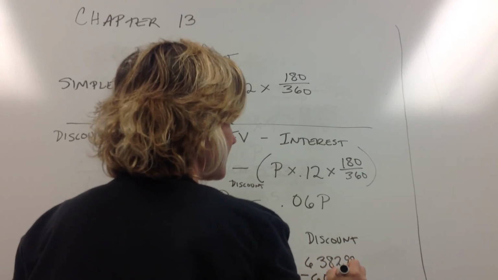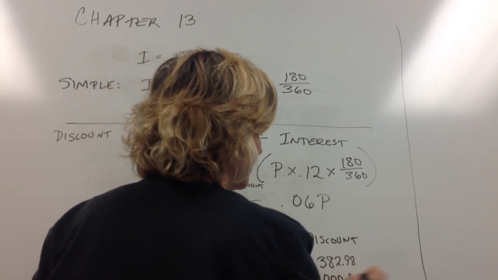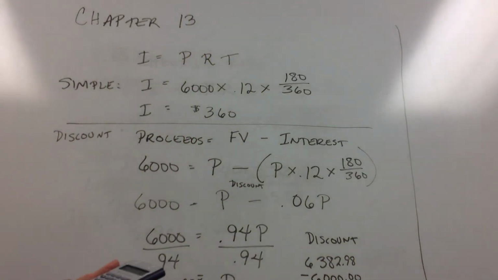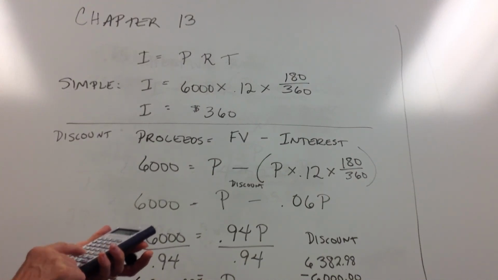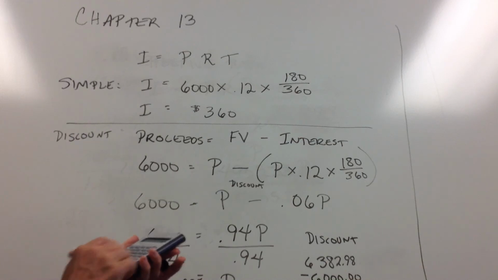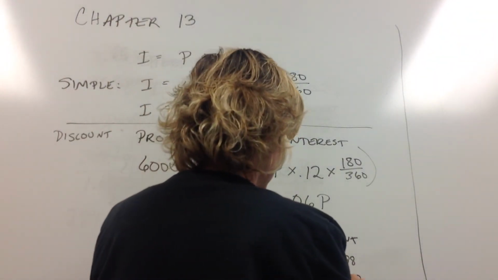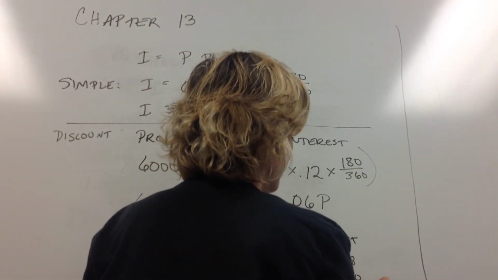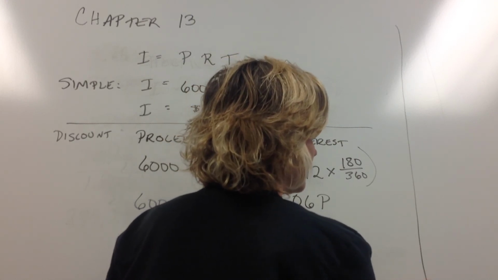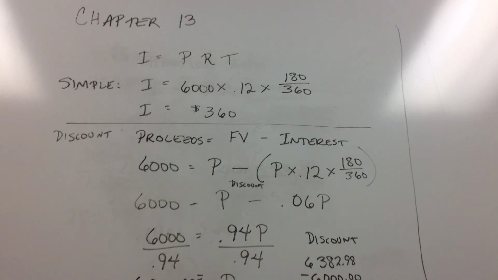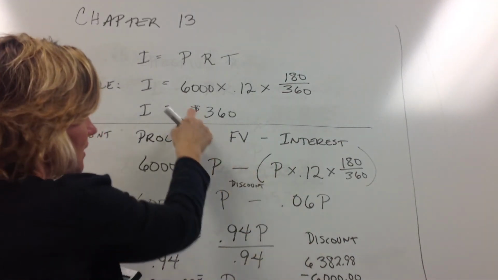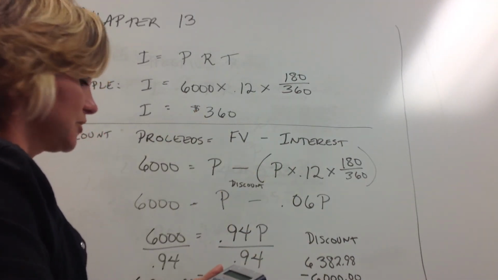Just subtract the $6,000. So they'd have to borrow $6,382.98. They receive $6,000 back. They would be paying $382.98 in interest.